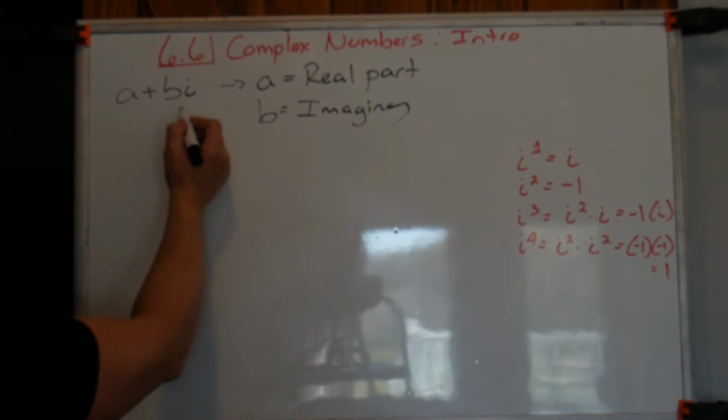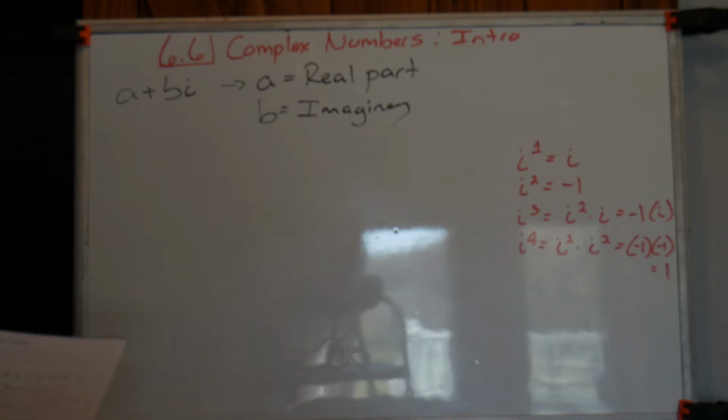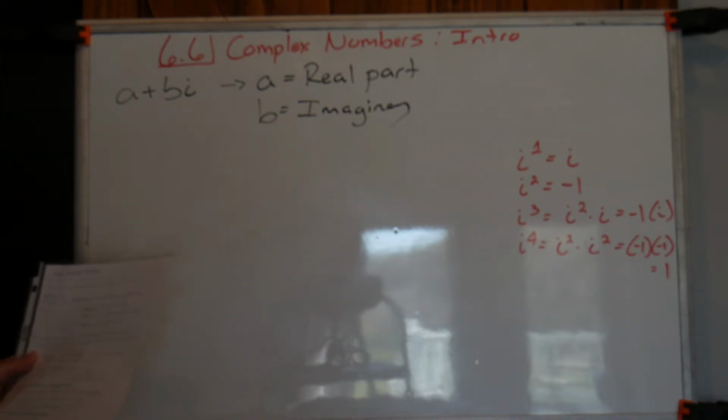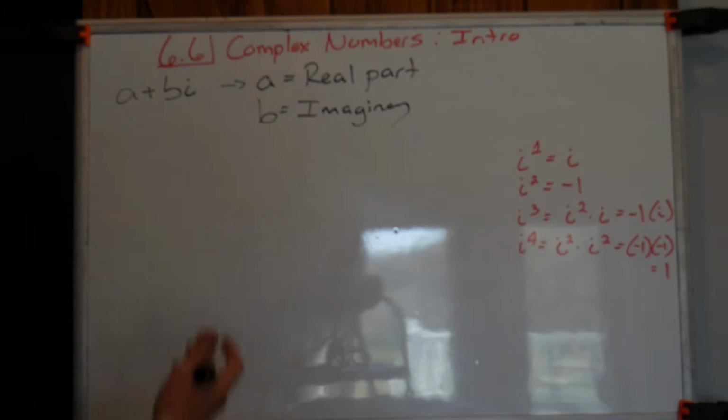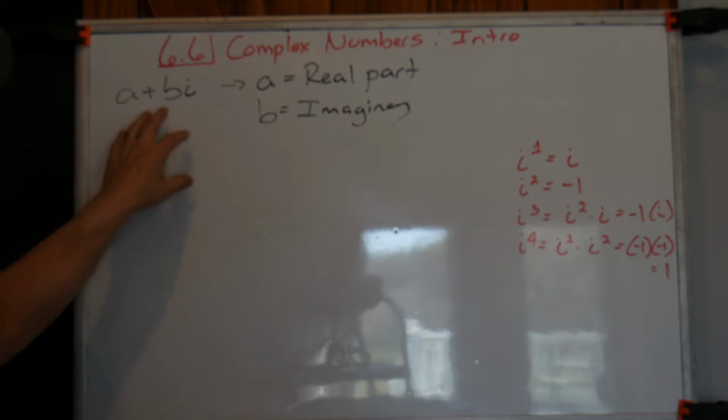This chunk is imaginary. a is real. a is some value. Remember, two complex numbers are equal if and only if their real parts are equal and their imaginary parts are equal.